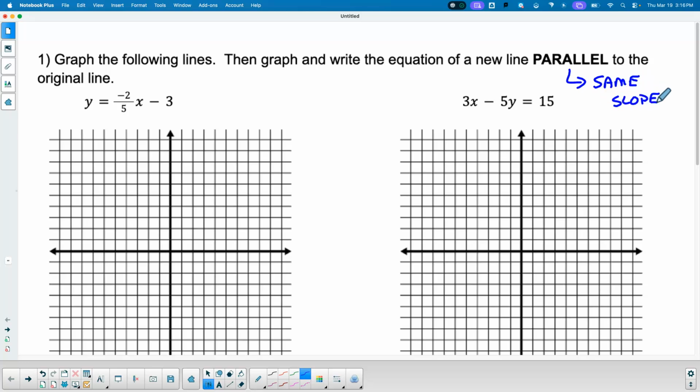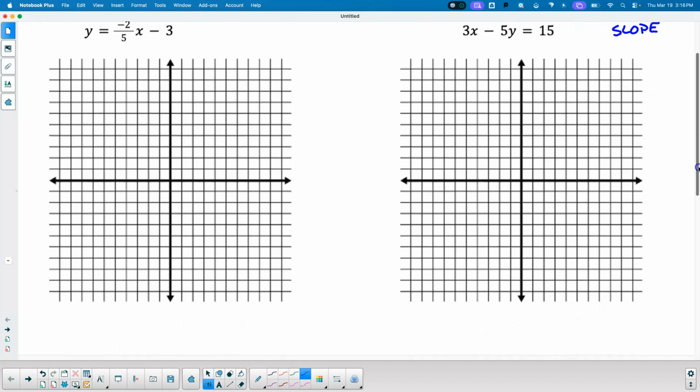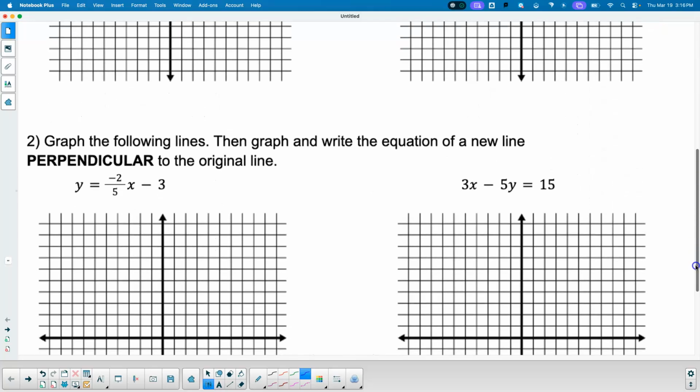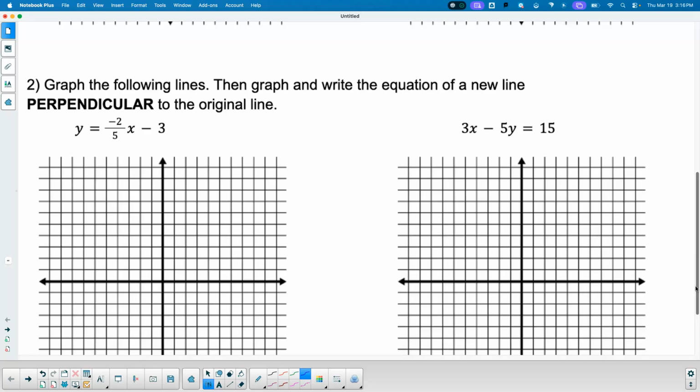I don't care what point it goes through, but then you need to have two lines graphed on that, both parallel, so they shouldn't intersect, both should have the same slope, and then give me the equation of that second line. Then in number 2, now you're going perpendicular.